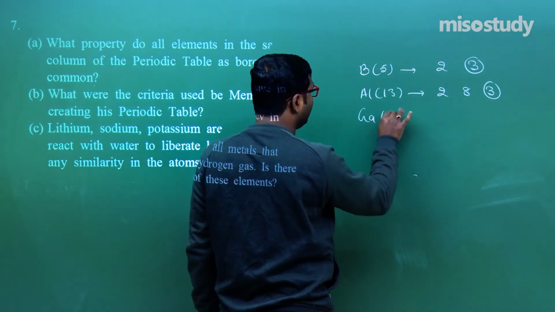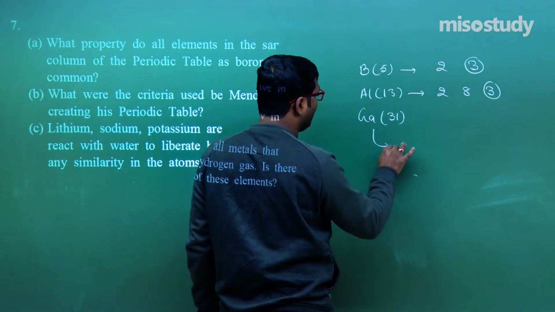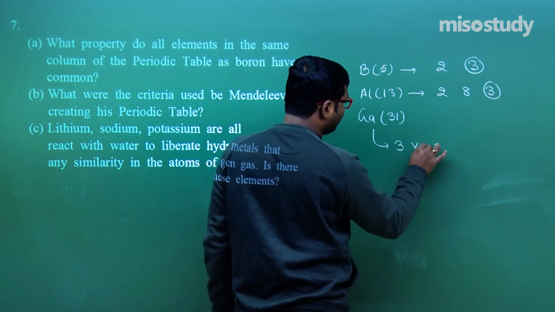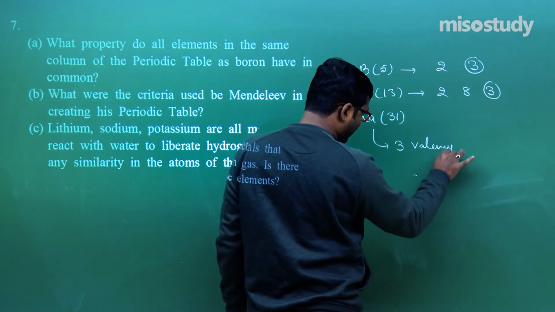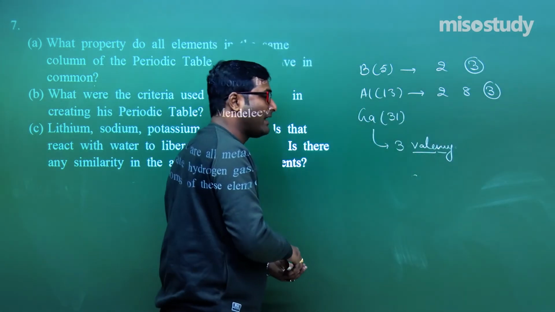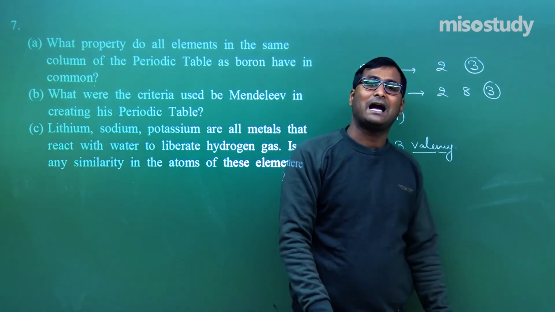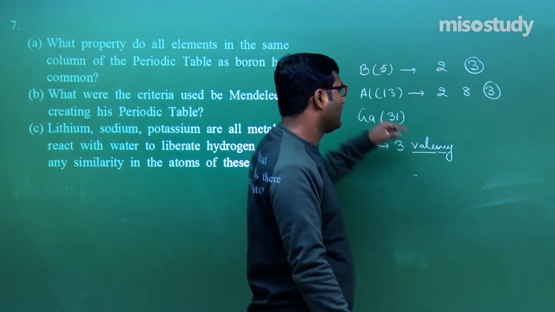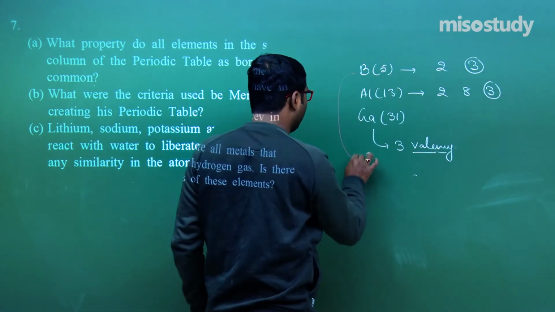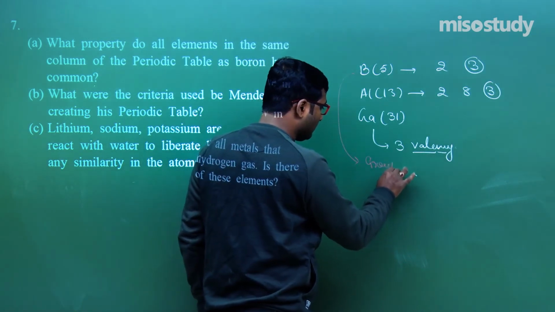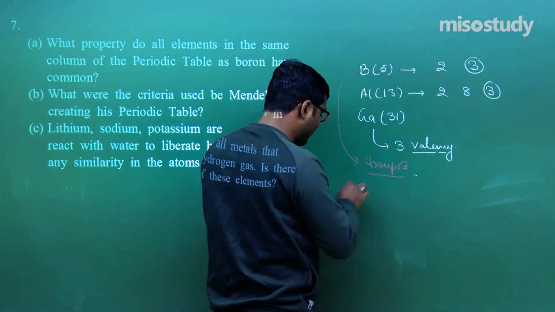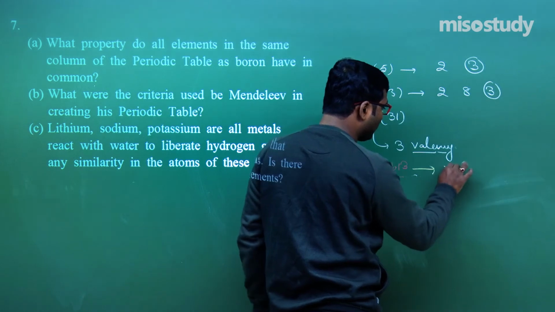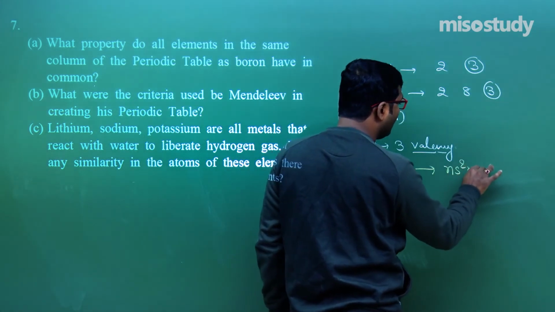Similarly gallium, 31, will also have 3 valency. That is, in this group they all have the same valency or similar outermost electronic configuration. These belong to group 13, with common outermost electronic configuration ns2 np1.